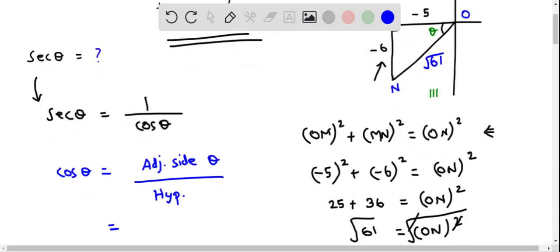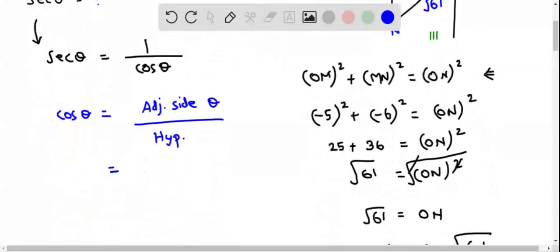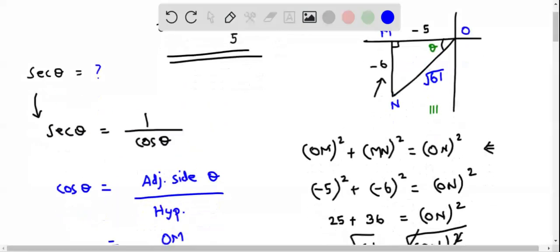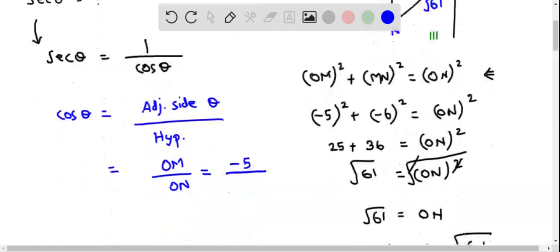So in this triangle OMN, the adjacent side to theta is OM, and then the hypotenuse is ON. And so this equals OM is negative 5, and then ON is the hypotenuse, which is under the root of 61.